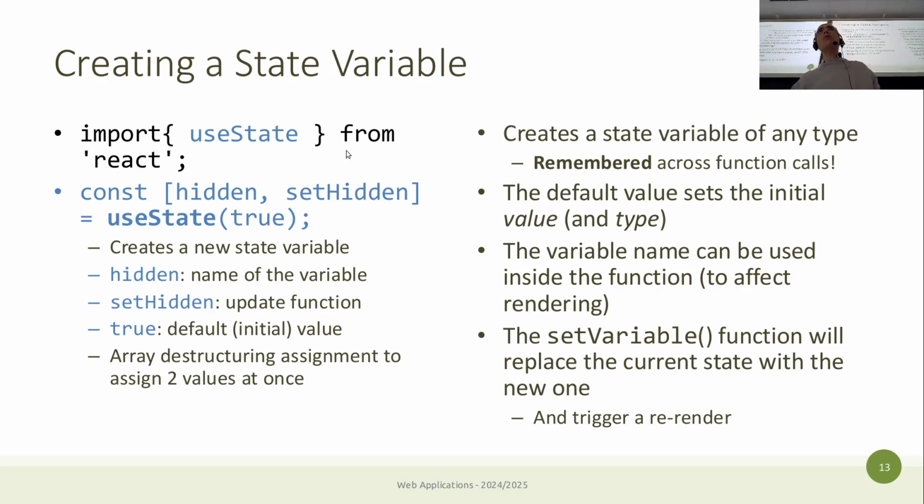Of course, we need to import the function. And as I told you, it returns two values. There's this array destructuring assignment to assign two values at once. We saw it when we talked in the beginning of this course about JavaScript. It returns an array with two values, and we can assign them by defining the variables here with this syntax.